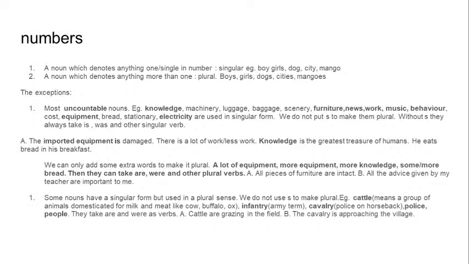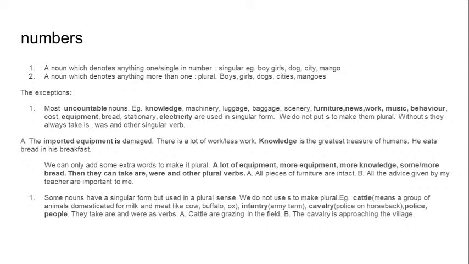Now we are moving on to the next segment, that is numbers. Okay, now what do you mean by numbers? See, in a sentence, often there are nouns which we say are singular. That is singular in number.